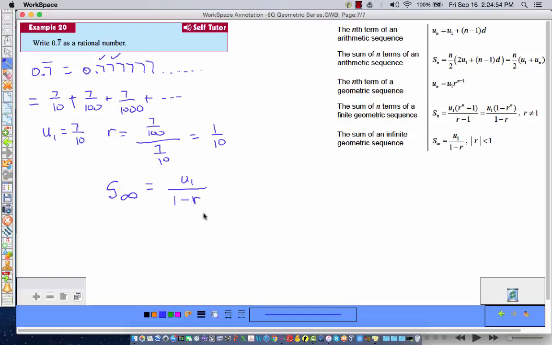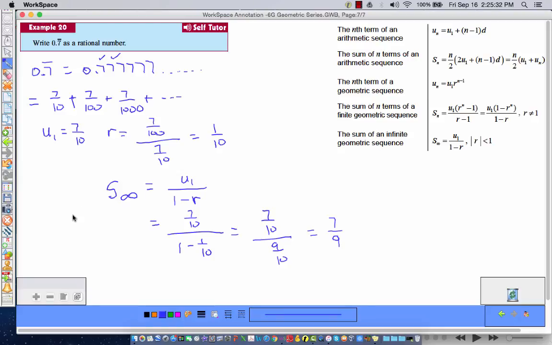This is where it will converge. And since r is between -1 and 1, I can find the sum. So this would be equal to my first term, 7/10, over 1 minus 1/10, which is equal to 7/10 over 9/10, which is equal to 7/9.